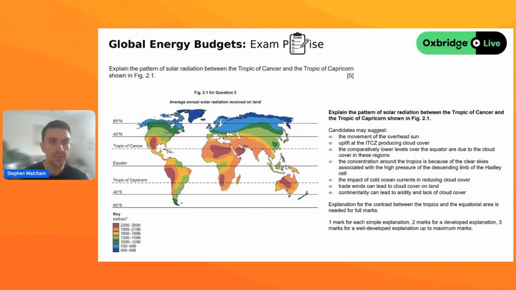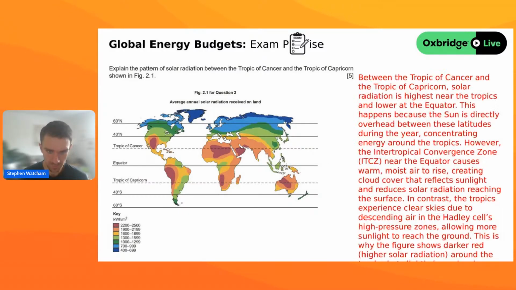Fantastic. So let's have a look at our answer. One thing I just want to point out before reading this is do have a little look at this term here, our intertropical convergence zone, our ITCZ. In very short, it's a system that sets up at the equator that takes into account the trade winds and ocean currents and the movement of air and how that influences equatorial climates.